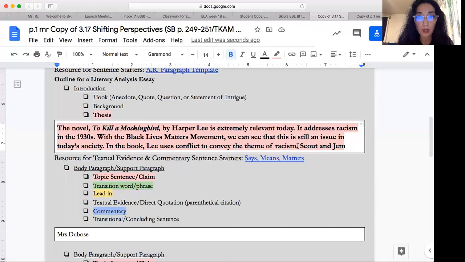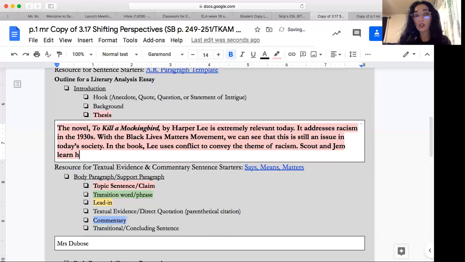In the book, Lee uses conflict to convey the theme of racism. Scout and Jem learn how to handle conflict between their dad, Atticus, and their racist neighborhood.